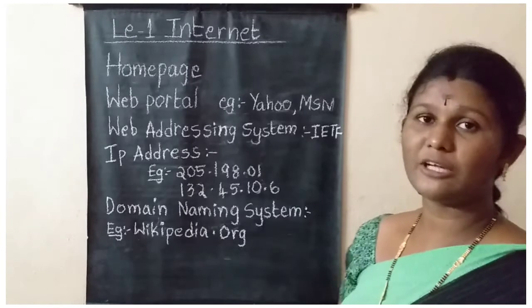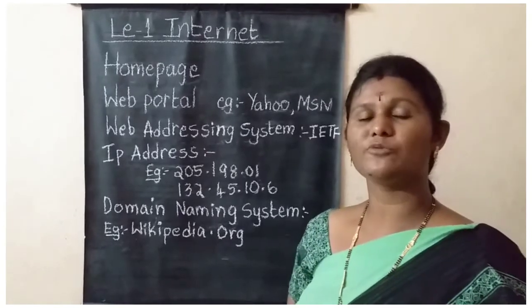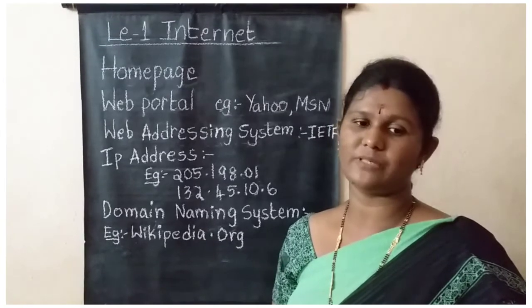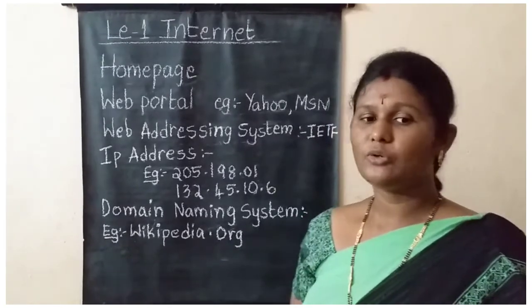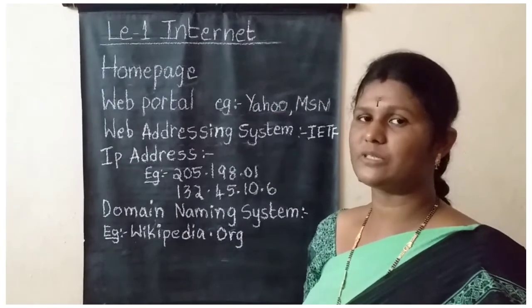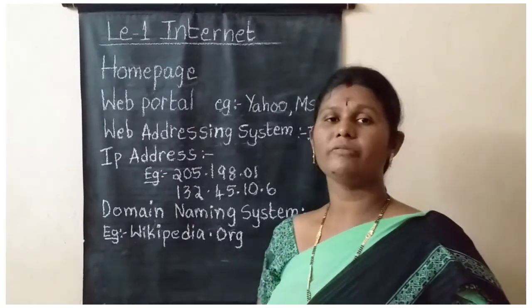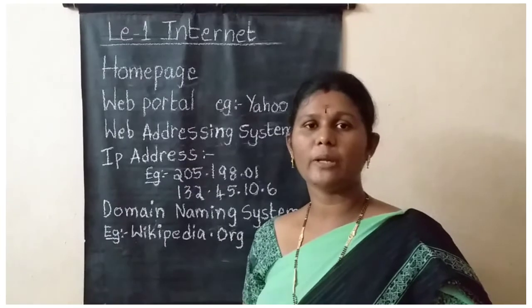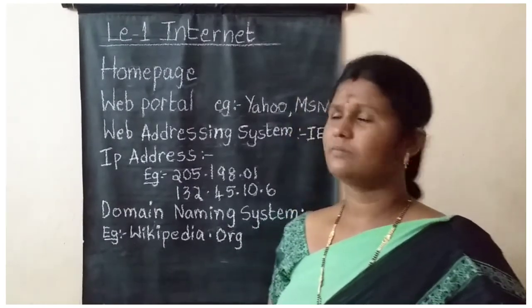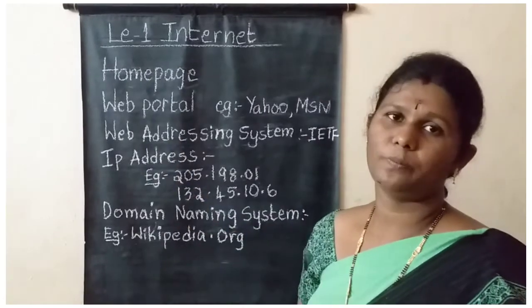If we have multiple pages, the home page will provide links to the multiple web pages in the website. The URL of the home page also serves as the URL of the website. What is an example of a home page? www.google.com is an example of a home page.